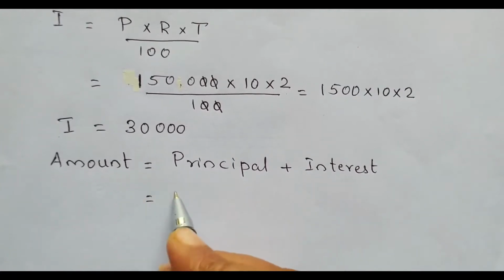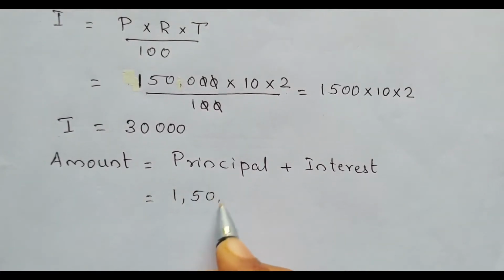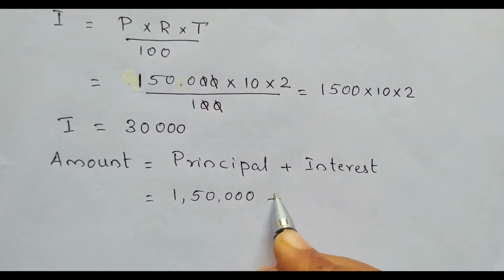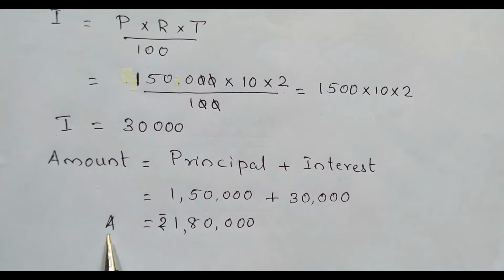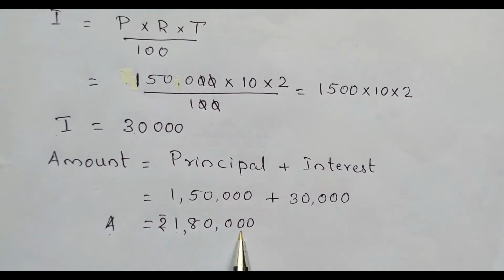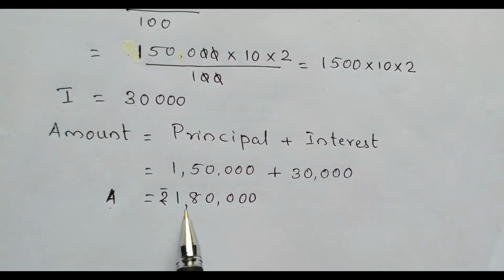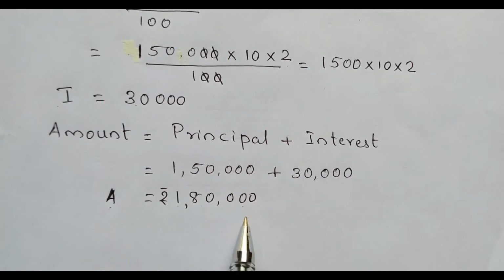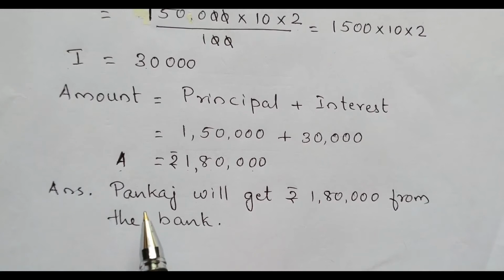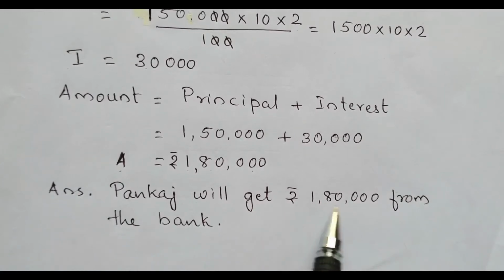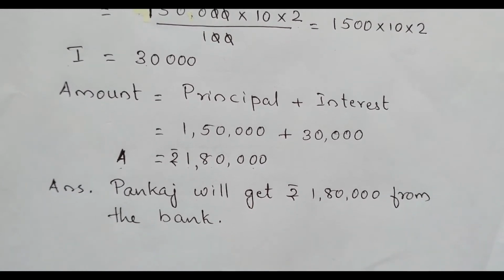Your principal is 1,50,000 plus the interest is 30,000. So we get amount is equal to 1,80,000 rupees. This means that Pankaj will get 1,80,000 rupees from the bank. So your final answer is Pankaj will get rupees 1,80,000 from the bank.